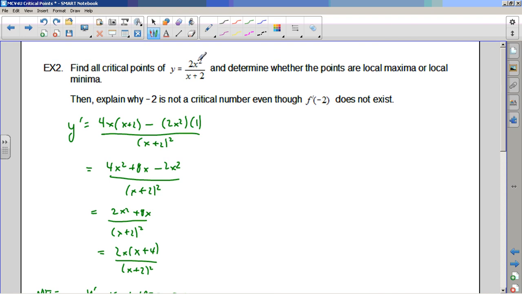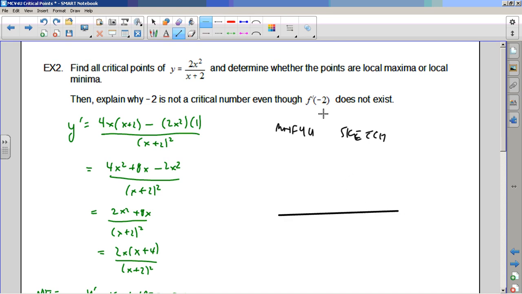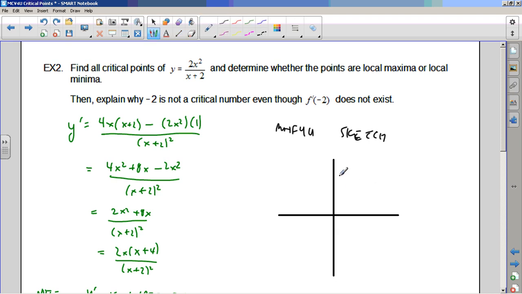Notice that if we wanted to, we could do a pretty quick sketch of this, where we've got a vertical asymptote at -2.